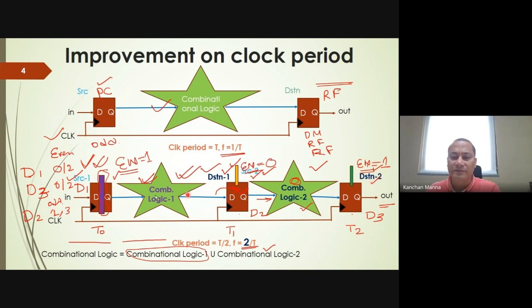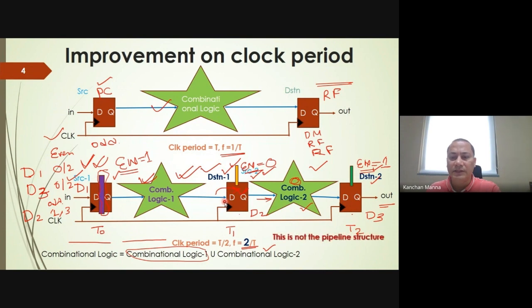Now, after designing this data path, you can see the clock period is reduced by 2, and the frequency has been improved by 2. In this way, we can improve the processing time. This is the general principle, and we applied it to design the multi-cycle based MIPS processor.